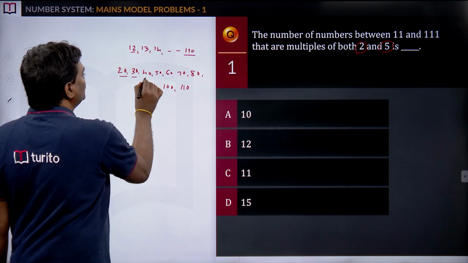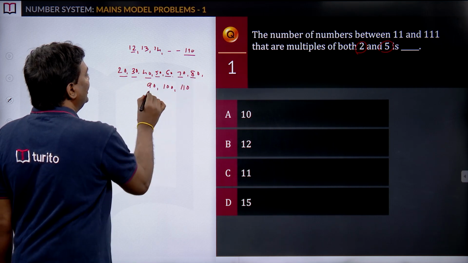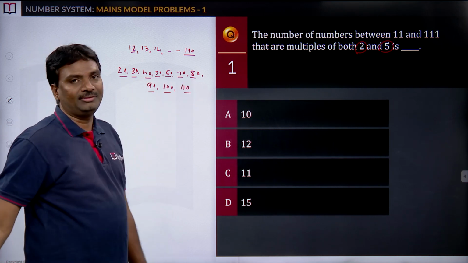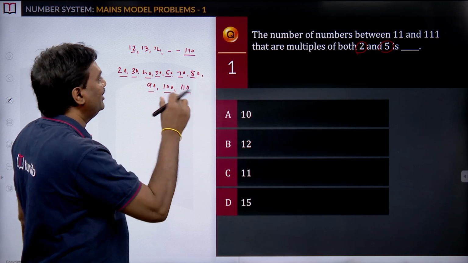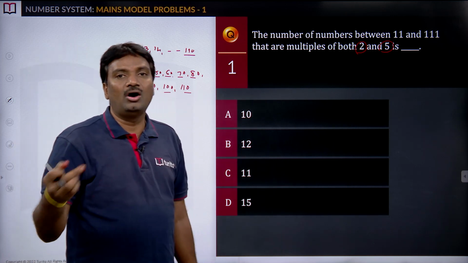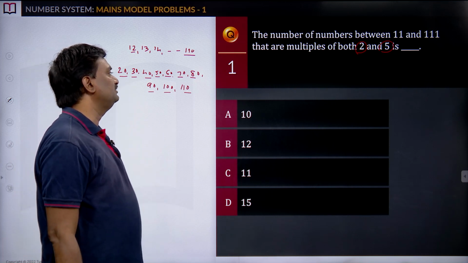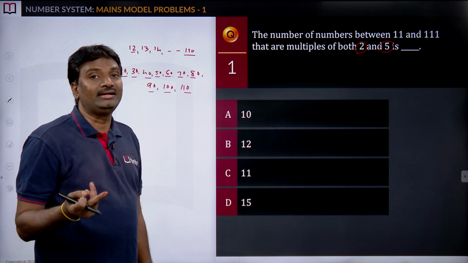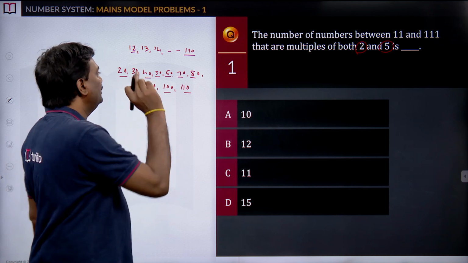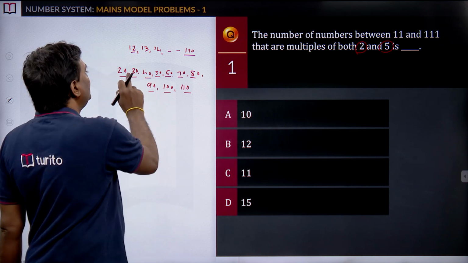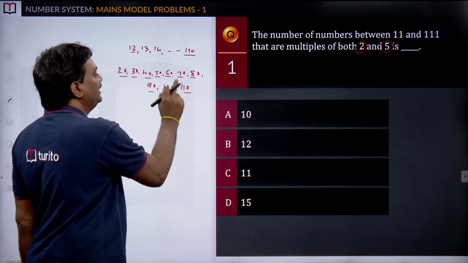So, 1, 2, 3, 4, 5, 6, 7, 8, 9, 10 numbers are there. Between 11 and 111, by writing all the multiples of 10, we got 20, 30, 40, 50, 60, 70, 80, 90, 100, 110. By counting all these numbers, we got 10.